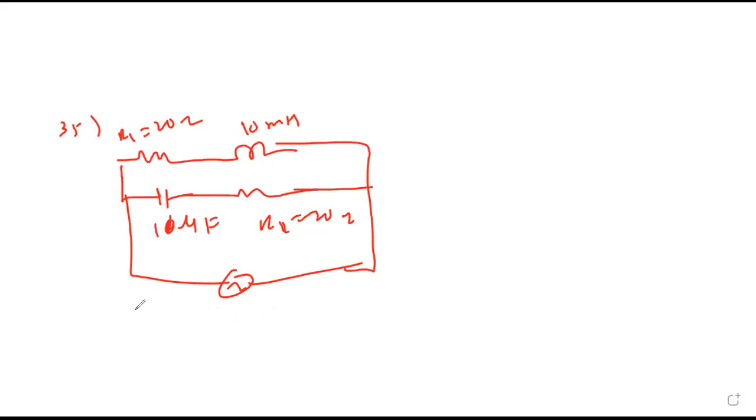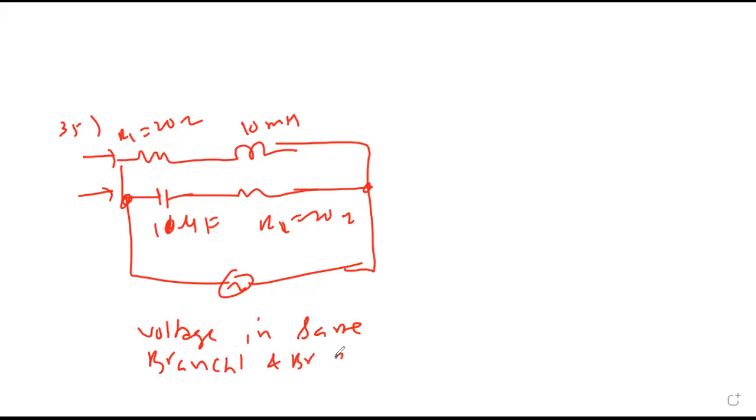See, both the branches are in parallel. So voltage is the same in branch 1 and branch 2.